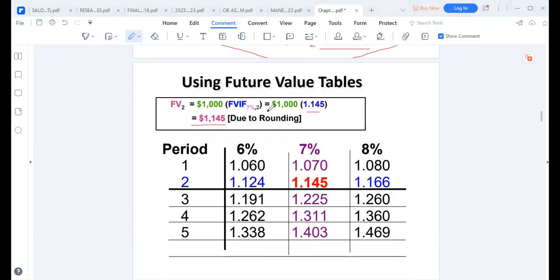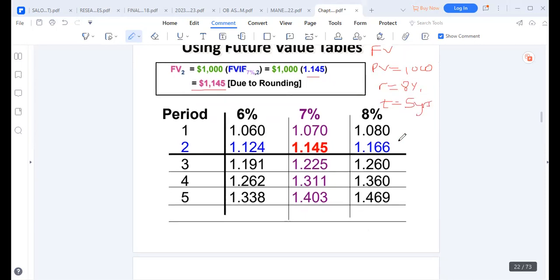Now, suppose you're asked to find the future value given the present value of 1,000. The interest rate is 8% and the time is 5 years. So using the table, we're going to simply say future value after 5 years will simply be the present value times the future value interest factor at 8% for 5 years.